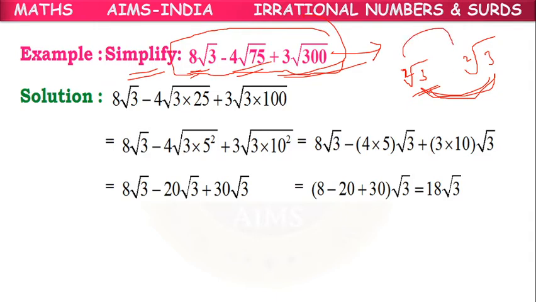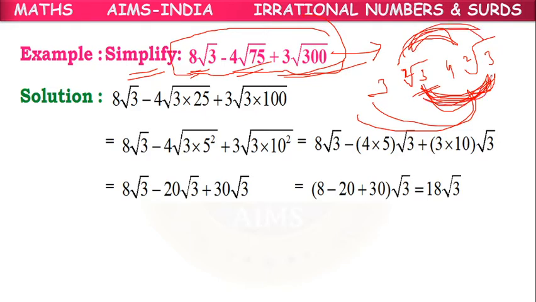Not only order, we have to see the rational number also. If they are same, then only they are said to be similar. Only the multiple can be different. Here we can have 3, here we can have 4. Like that, multiple can be different, but the order of the surd and the rational number inside the surd have to be the same.